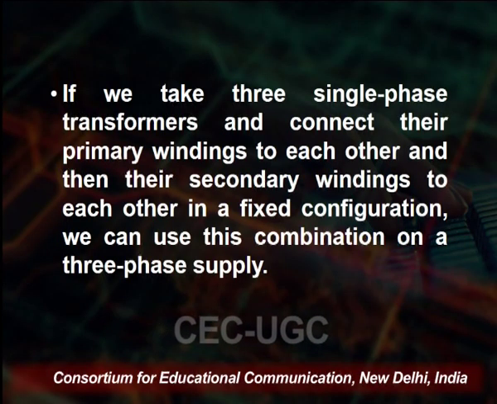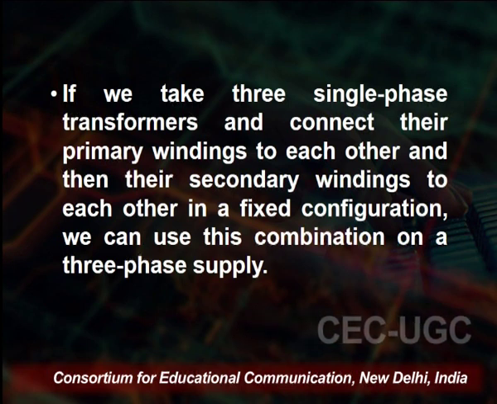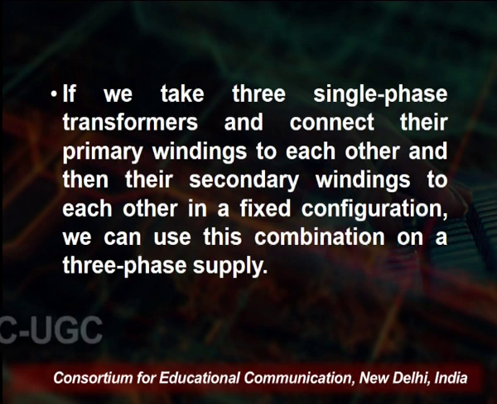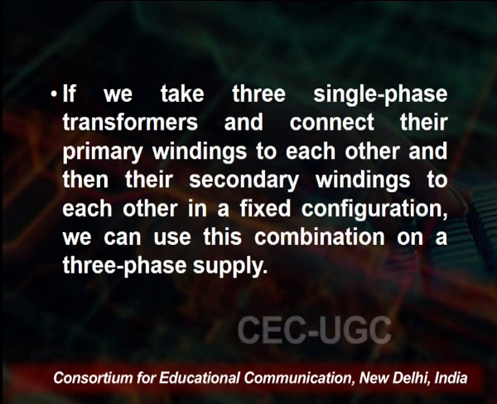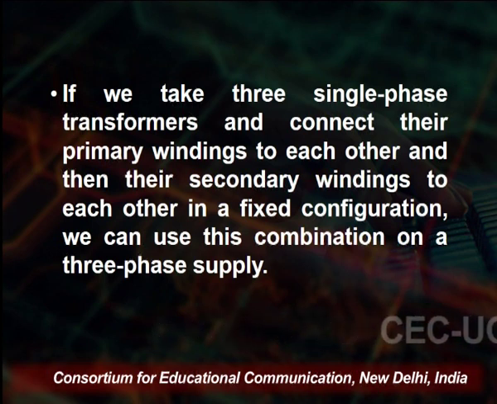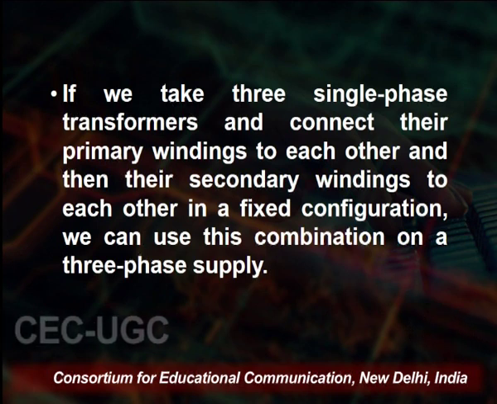rectification applications. So, we take 3 single phase transformers and connect their primary windings to each other and then their secondary windings to each other in a fixed configuration. So, we can use a combination for the 3-phase supply.